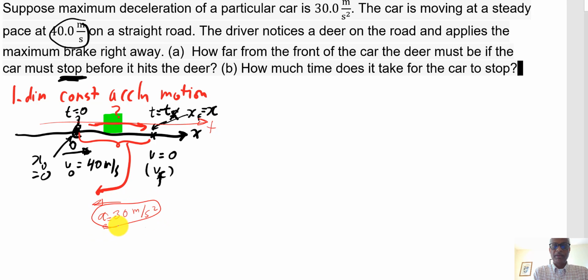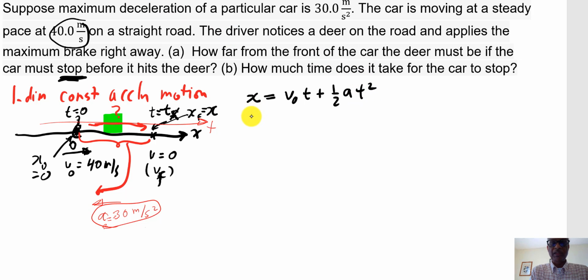The formulas that you probably know that will be useful here, using these notations: one is x equals v0 t plus half a t squared.